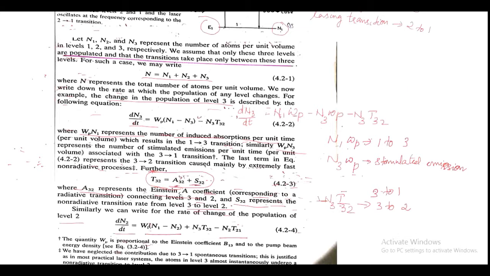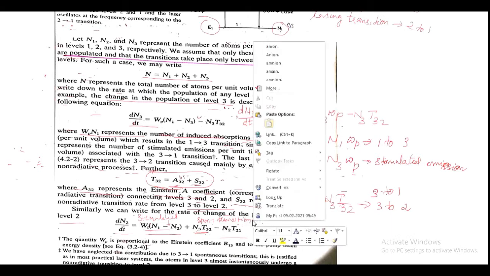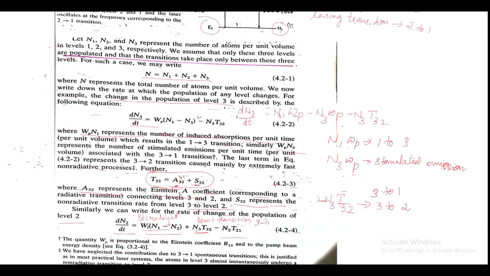Here the first term represents the stimulated transition between levels 1 and 2. The second term represents the spontaneous transition from level 3 to level 2, and the third term represents the spontaneous transition from level 2 to 1.